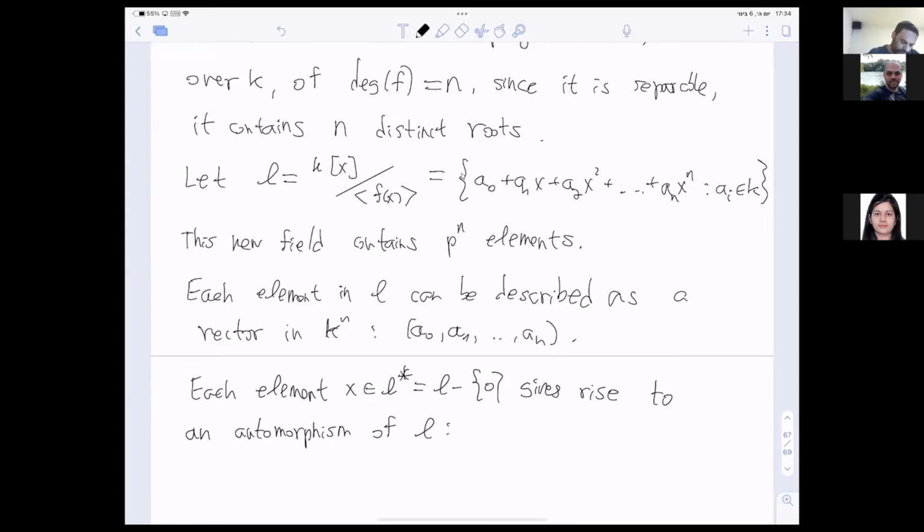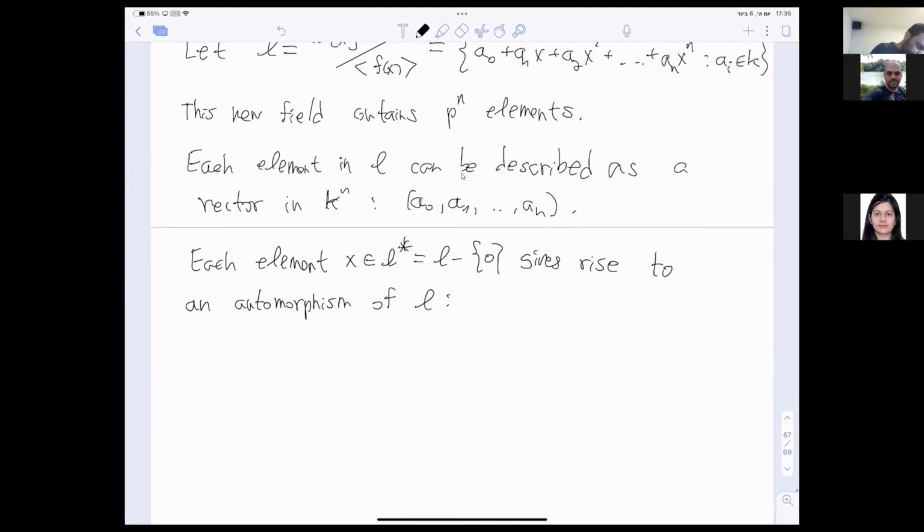So how does this give rise to an automorphism? It means a homomorphism, and even an isomorphism, from one group to the same group. This is called an automorphism.